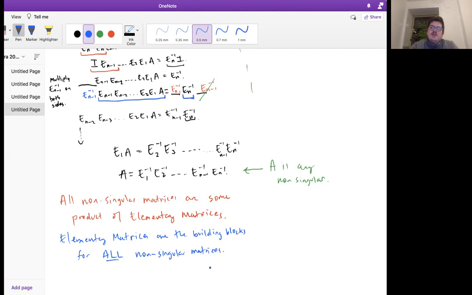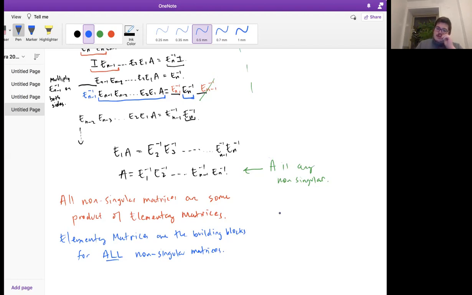In other words, you can always factor a non-singular matrix into elementary matrices. That's pretty cool. Any questions on that? So you might be asked, here's a matrix A, write it as a product of elementary matrices. We know you can do this, right?